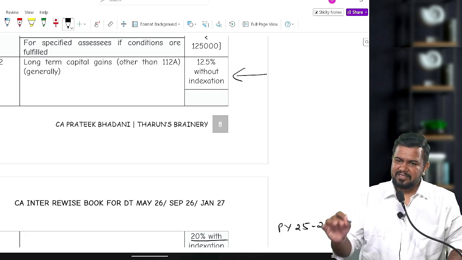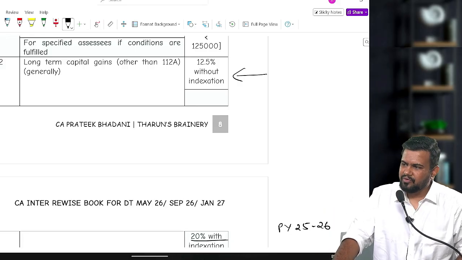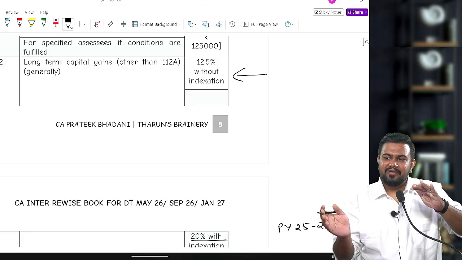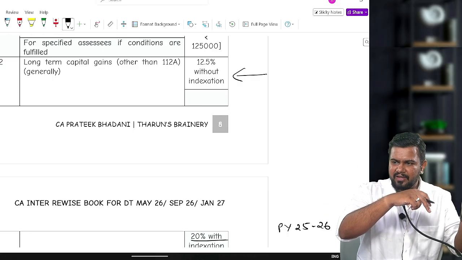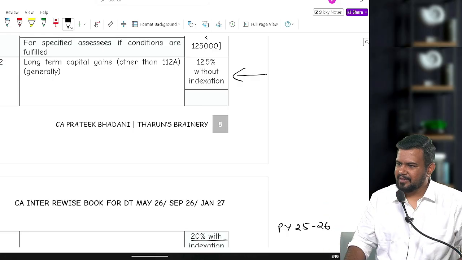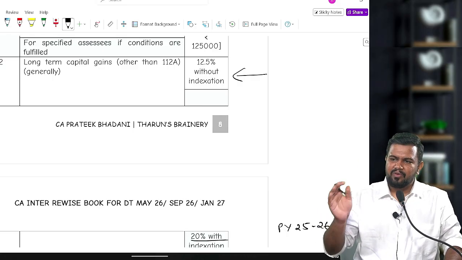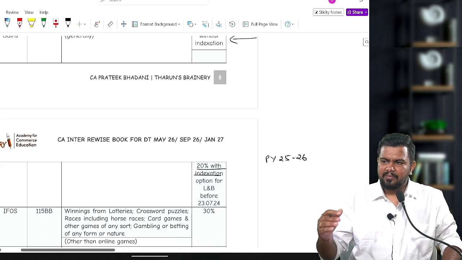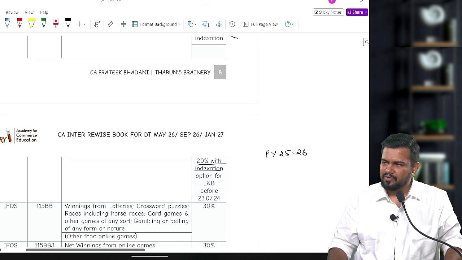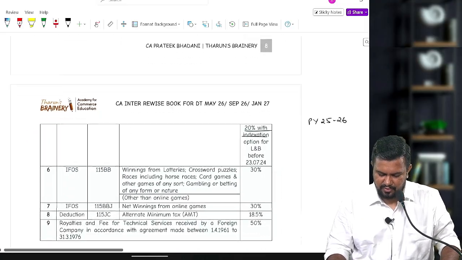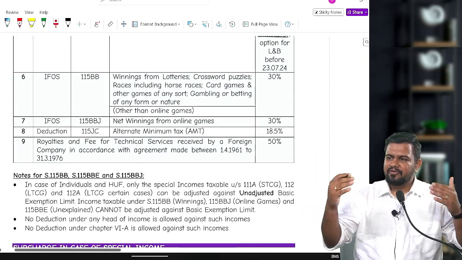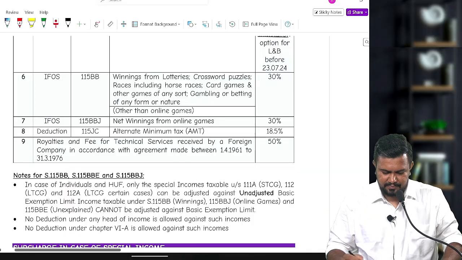The answer is, in long-term capital gain you have to study the old rate also, because in questions the institute gives last year's transfer and asks you to calculate the tax. So you have to study the old rate also, and the new rate also. Now I am just brushing up while taking long-term capital gain. Once again we are going to study in detail, so don't worry. I have given this here just so that it is easier for you to memorize all the rates.